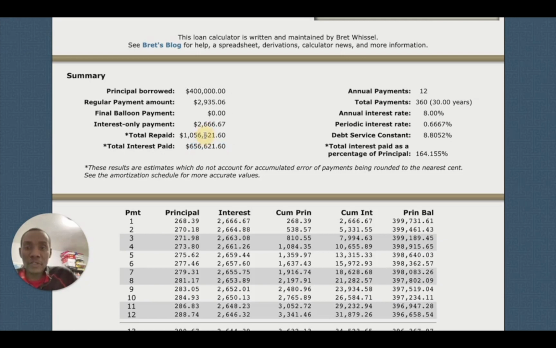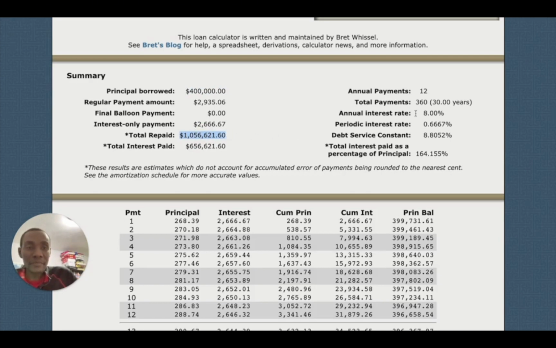Now, the total amount of money that we'll have to give to the bank over 30 years will be over $1 million. That is the interest payment along with the principal payment. It adds up to over $1 million.